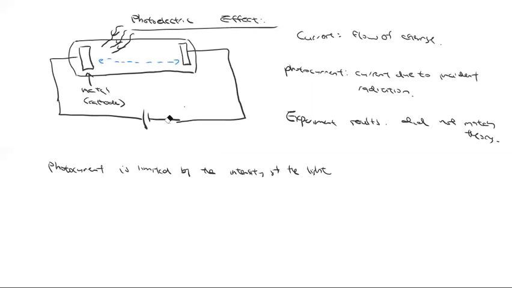For intensity, think of that as brightness. So for a particular light with a certain amount of brightness, that gives you a certain amount of current. But importantly, it did not affect the energy of the electrons.